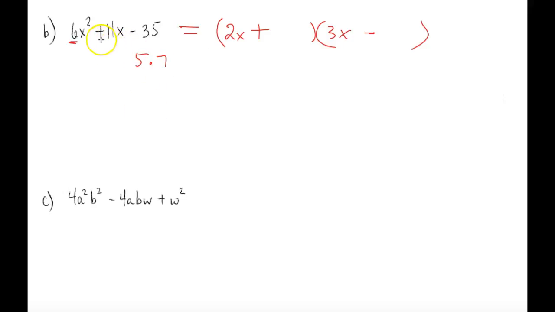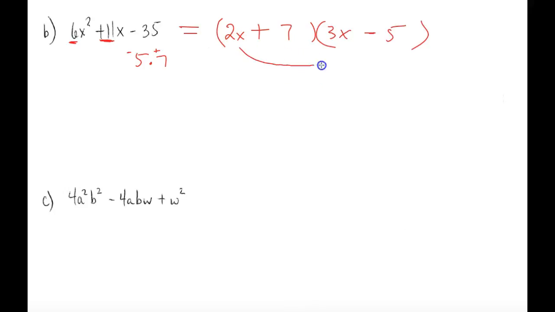Since the middle coefficient here has to be positive, I'm going to allow my 7 to be positive and my 5 to be negative. I'm going to try this out and see if it works. If it doesn't, then I'm going to switch the places of the 5 and the 7, and if that doesn't work, I'll have to switch again.